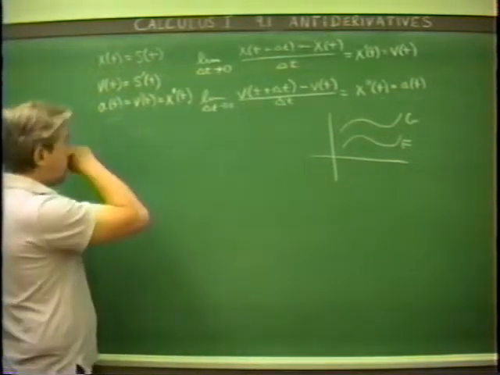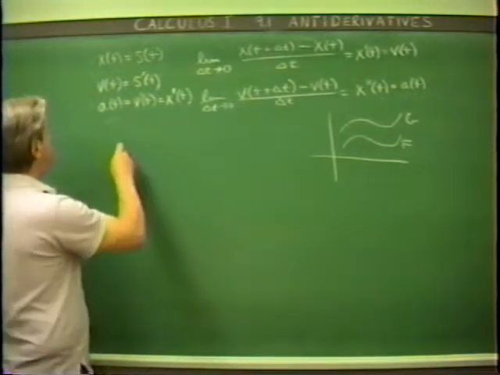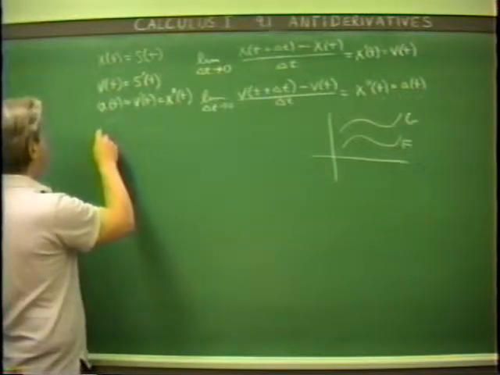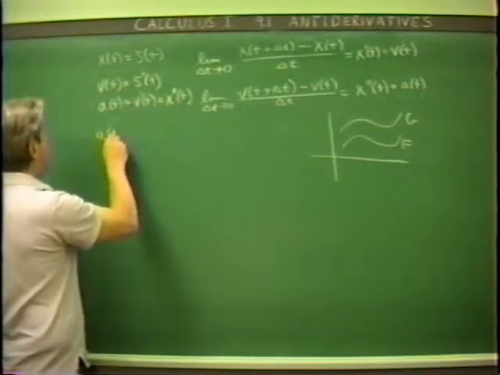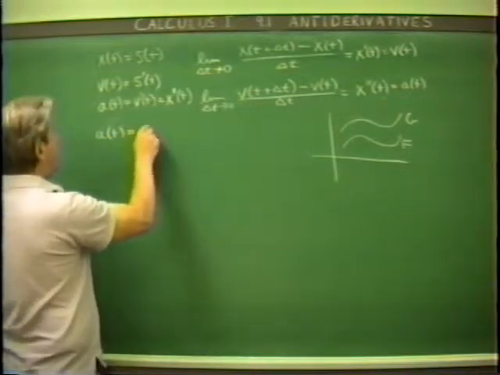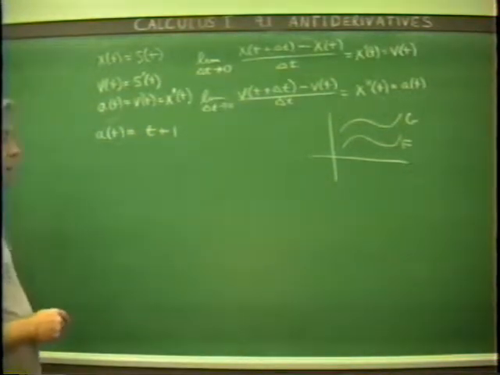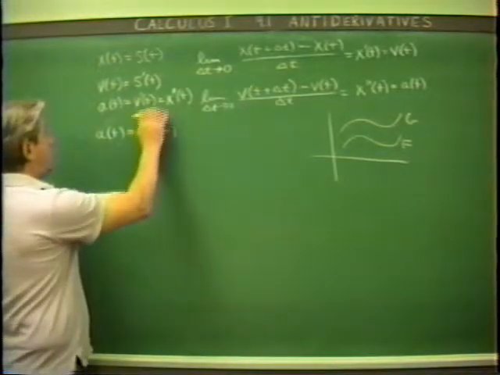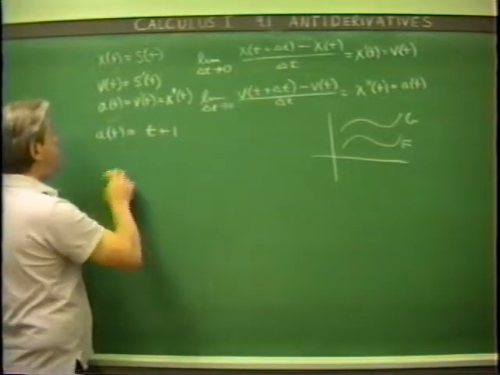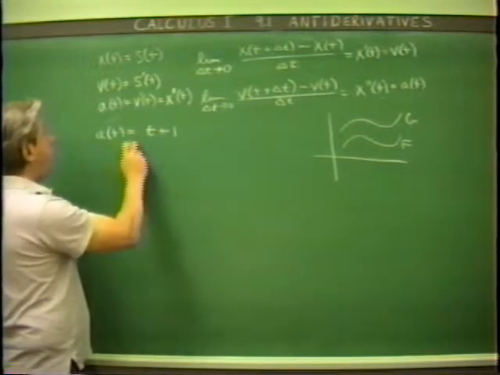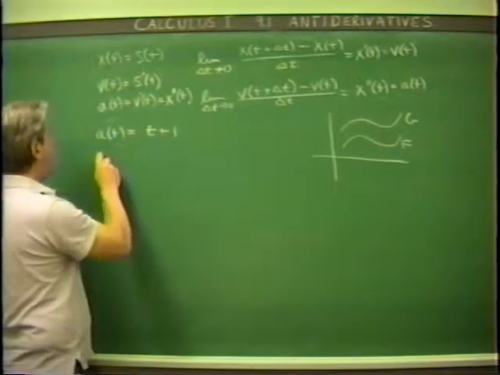So here, for example, let's take a look at an illustration. Let's suppose that we know that the acceleration at time t is equal to t plus 1. Then the velocity at any time t should be an antiderivative, a function whose derivative is t plus 1.